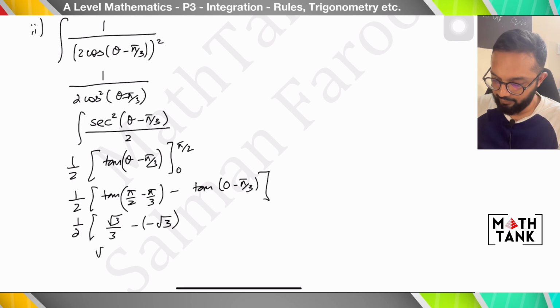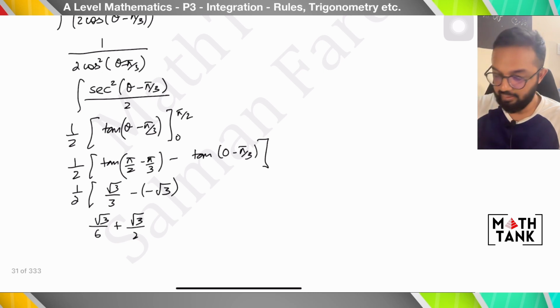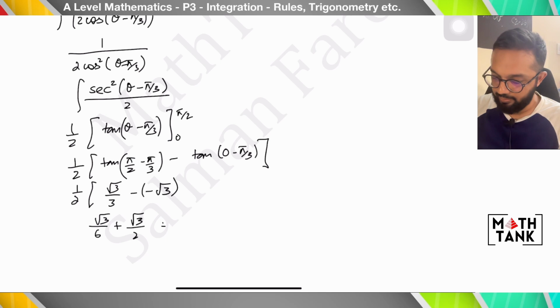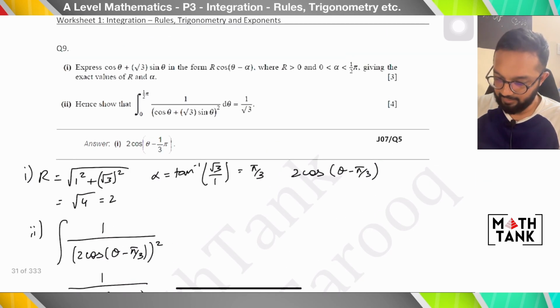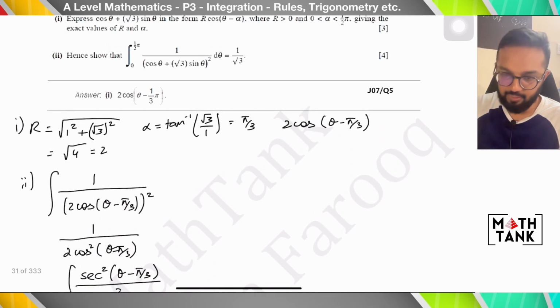So I have root 3 over 6 plus root 3 over 2, and that should give me to root 3 over 3. I hope that's the correct answer. It gives me 1 over root 3.